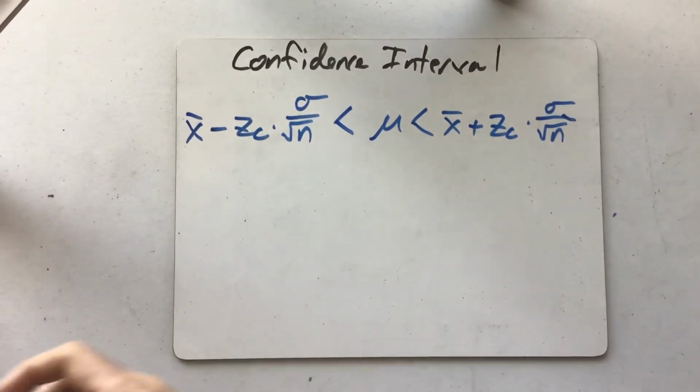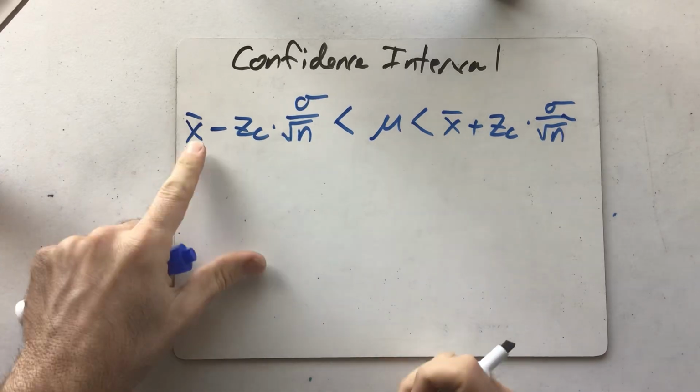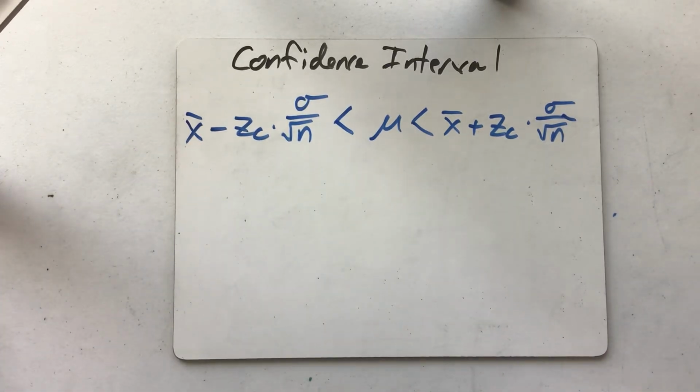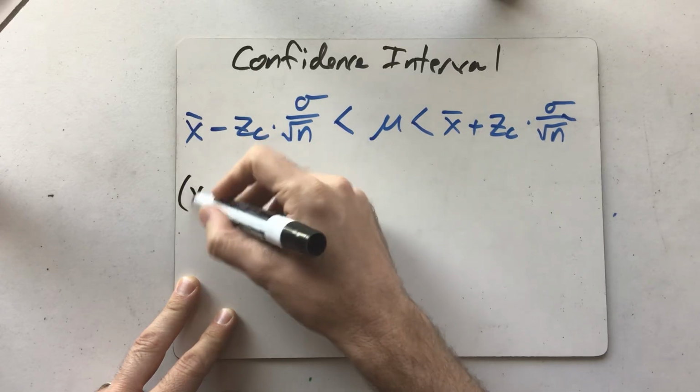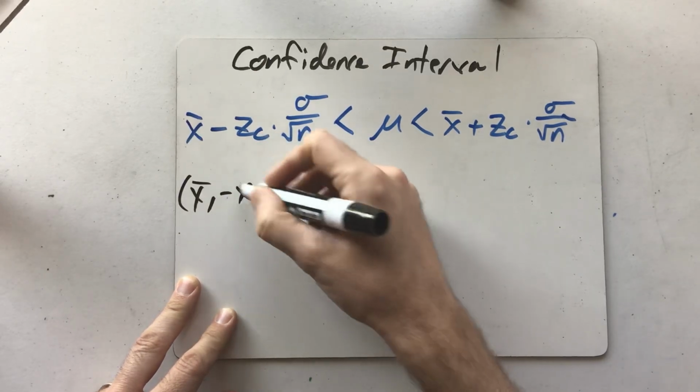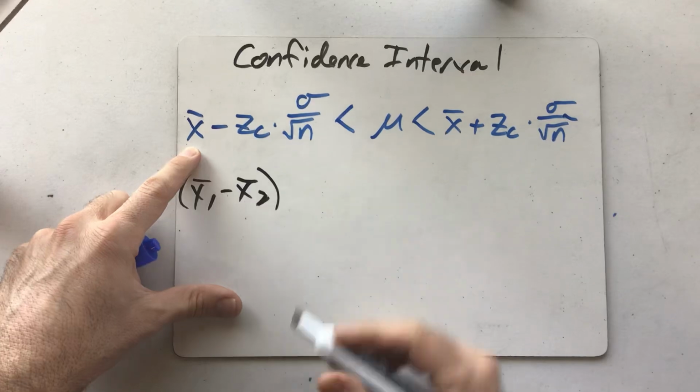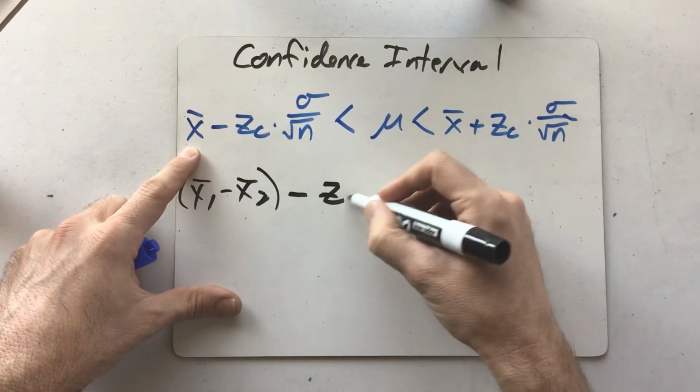Well, here was our old formula for a confidence interval, and you might be able to anticipate what our new formula is going to look like, because instead of having x bar, we're going to switch it for x1 bar minus x2 bar, just like in that last problem. We'll put that in the place of this x bar. ZC will remain the same.